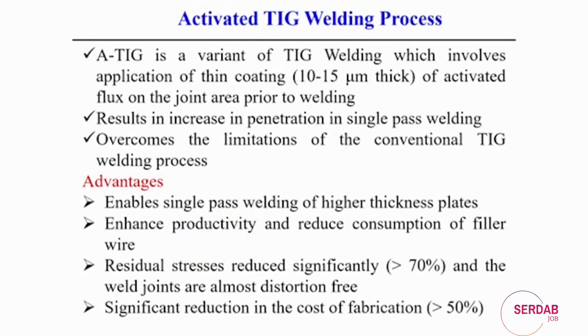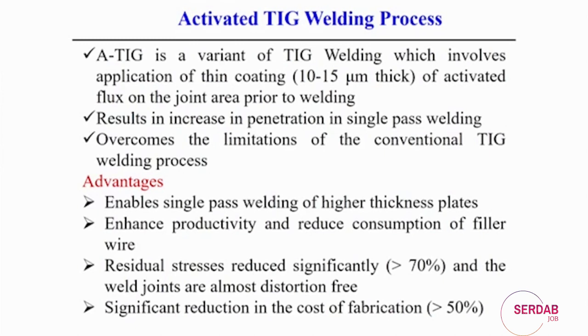Of course, ATIG is the activated TIG welding process using coating, but some researchers have also developed directly adding the surface active elements, for example, carbon dioxide with the argon shielding gas, and that can also be used as a modified TIG welding process to include the effect of the surface active elements. But in the activated TIG welding process, normally we use the coating of the activated flux.